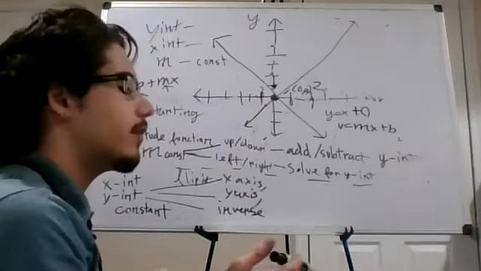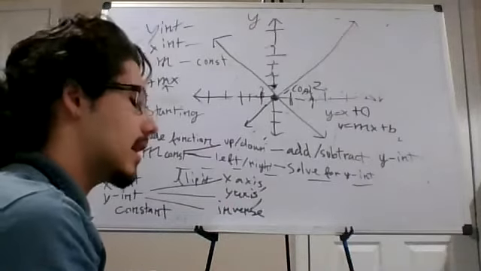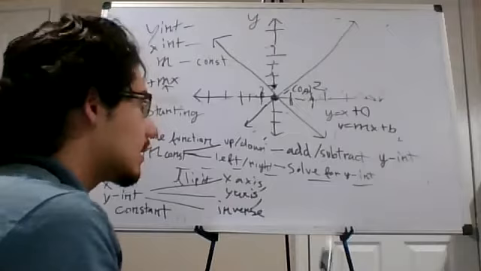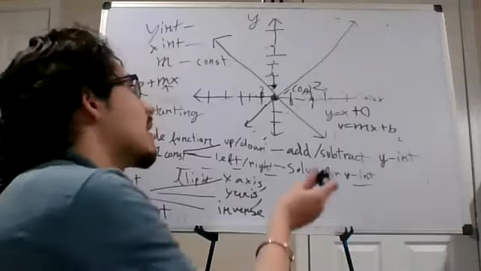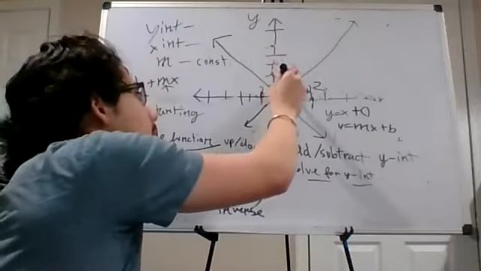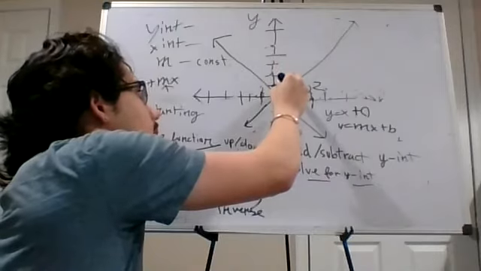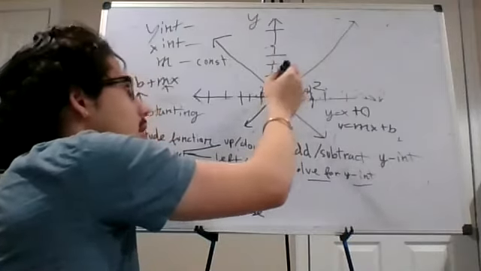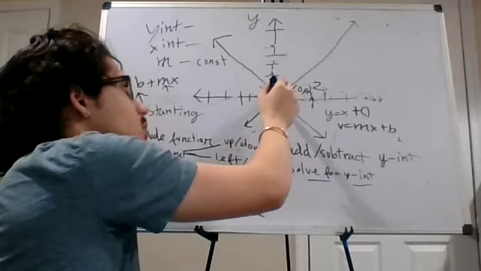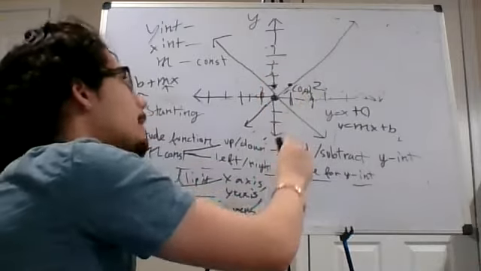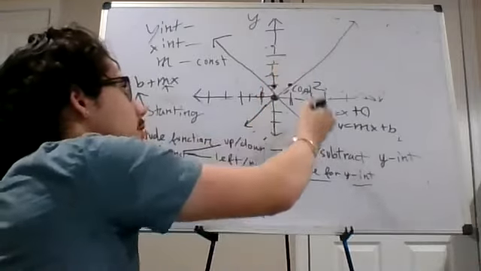So when we flipped our equation over the x-axis, we can see that it starts at the origin the same way that it did before we flipped it over.